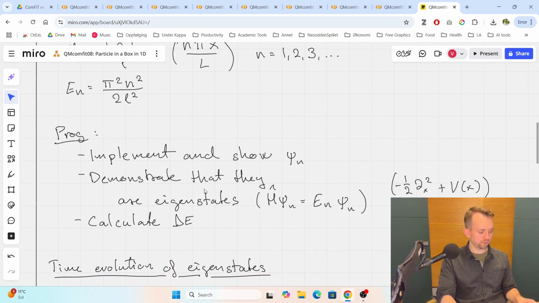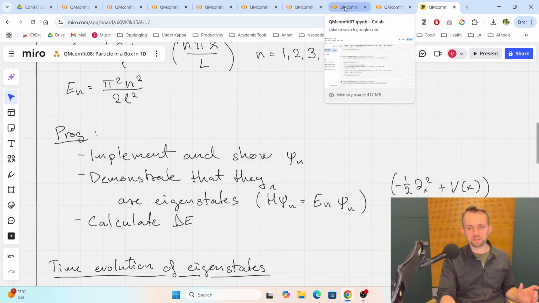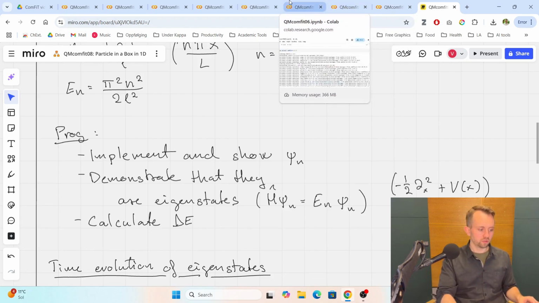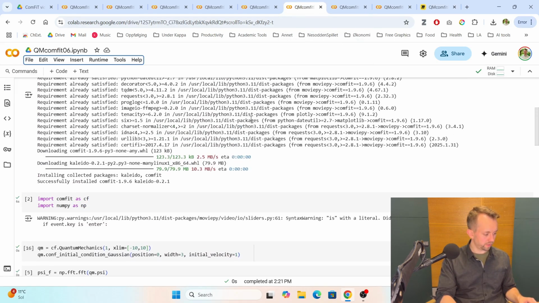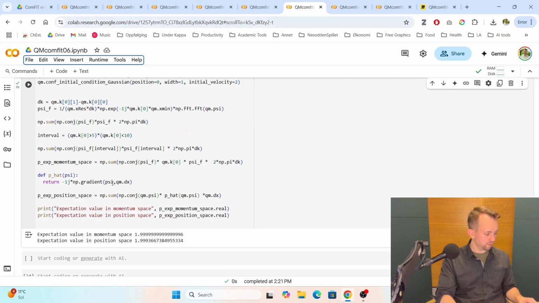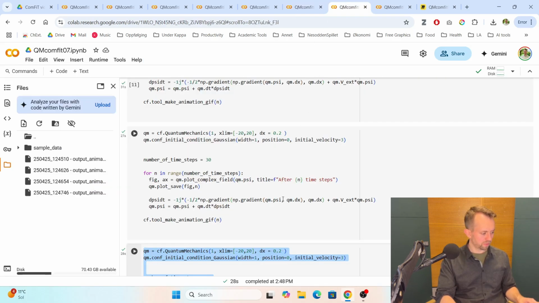Now we want to demonstrate that they are eigenstates, which means to demonstrate that if I act with the H hat onto psi, then I get this thing here. So what I need to do is implement the Hamiltonian operator. Now, we actually implemented the Hamiltonian operator when we implemented the Schrödinger equation numerically. So I'm going to go back to this script here, where this was the momentum operator.